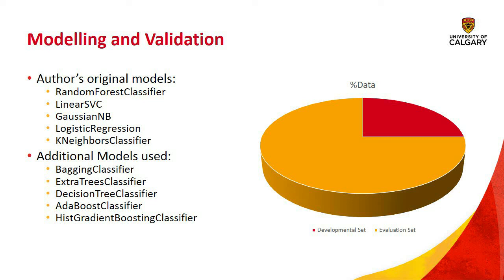As for the model, we will test the performance of the original models experimented by the author, which are the random forest classifier, the linear SVC, the Gaussian naive Bayes, the logistic regression, as well as the k-neighbors classifier. In addition, we will also explore additional models that were not experimented before, which are the Bayesian classifier, the extra trees classifier, the decision tree classifier, the AdaBoost classifier, as well as the histogram gradient boosting classifier.